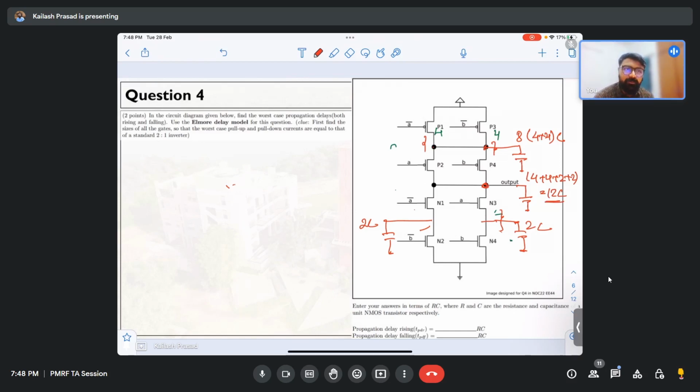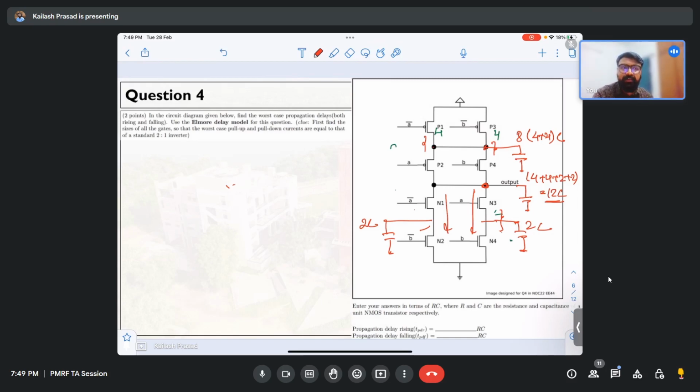If it has to become zero, any one of these paths has to be active. We know that. And it has to be worst, so only one path should be active. Because if both the paths are active, in this case the logic is complementary, so it will happen. But in other cases where the two paths are not complementary, you have to make sure that only one path is active at a given time.